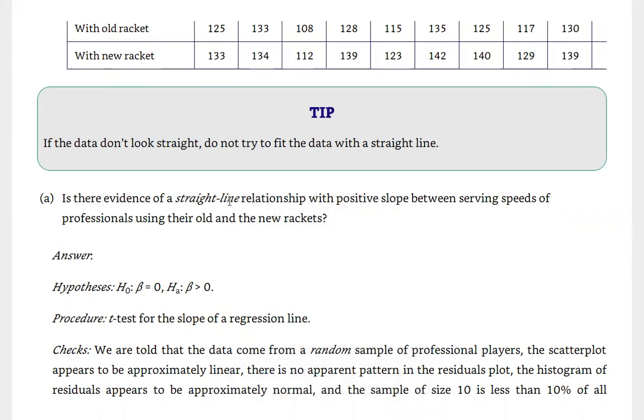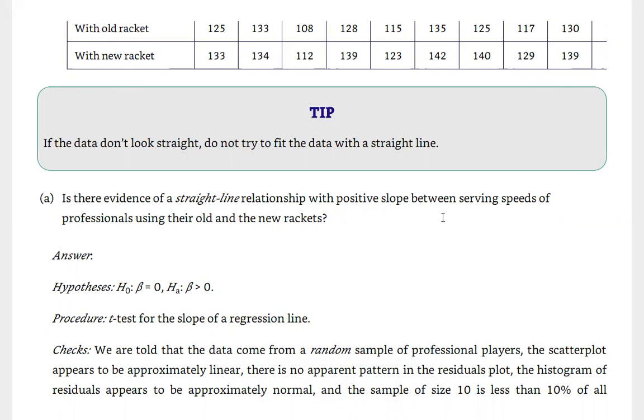Is there evidence of a straight line relation? Straight line, that's a linear correlation. Linear correlation with positive slope between serving speed of the professional with the old racket and the new racket. So you want to see if there's a linear relation with positive slope.